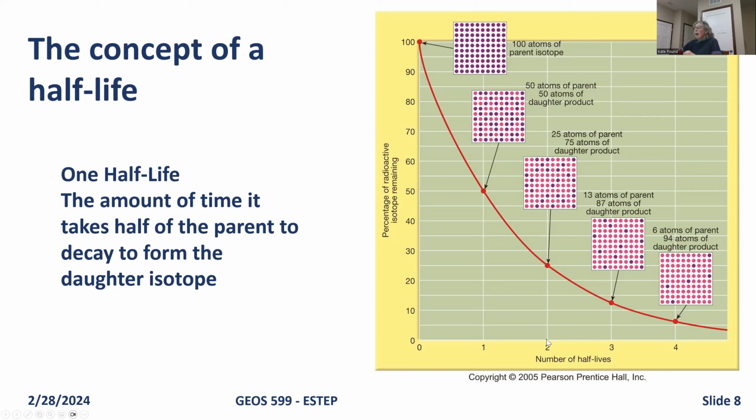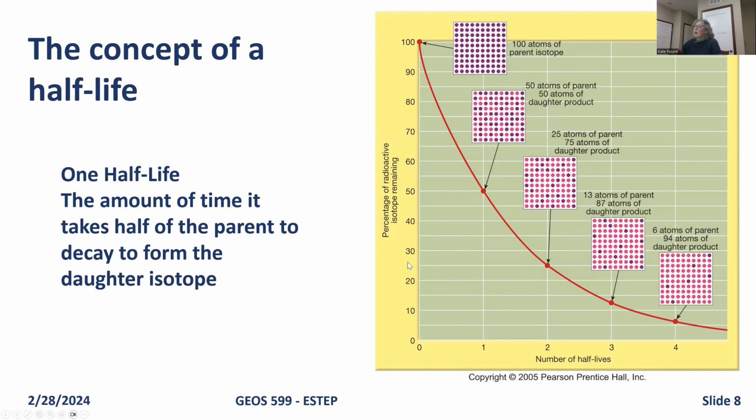After 2 half-lives, what's happened is, okay, you had 50 atoms of the parent left, half of that decays. So after 2 half-lives, you'd have 25 atoms of the parent, and now you'd have 75 atoms of the daughter.